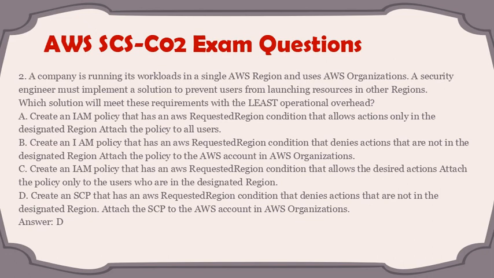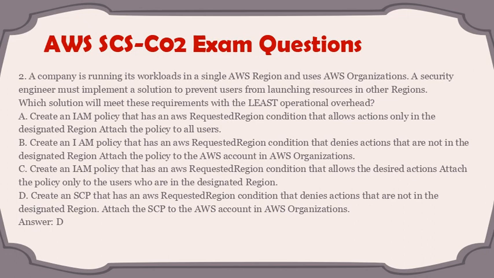B. Create an IAM policy that has an aws:RequestedRegion condition that denies actions that are not in the designated region. Attach the policy to the AWS account in AWS Organizations. C. Create an IAM policy that has an aws:RequestedRegion condition that allows the desired actions.